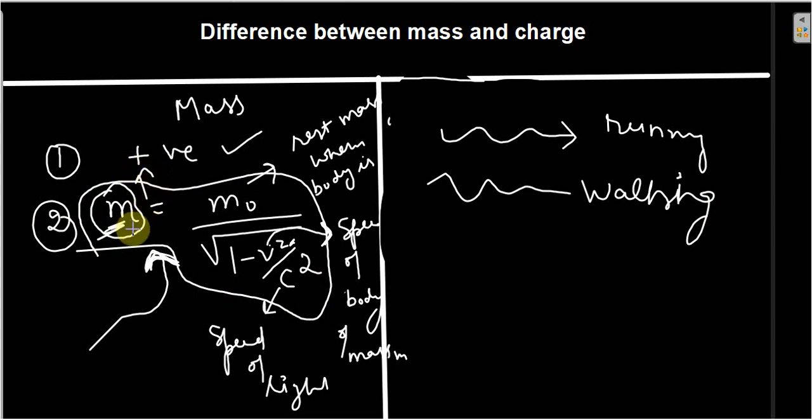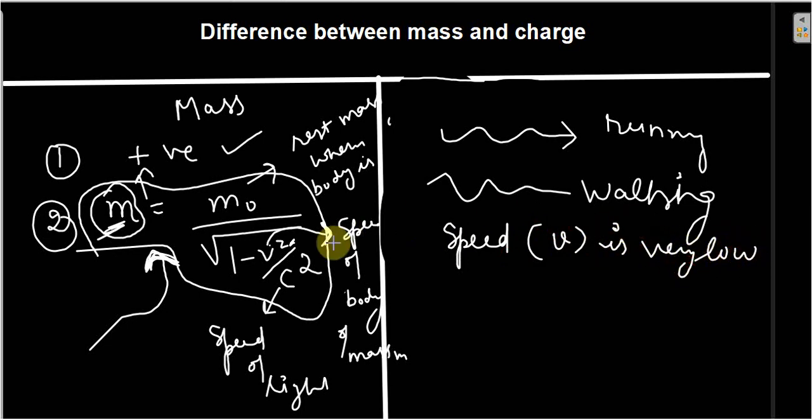We cannot observe this because our speed is very low. This v should be comparable to the speed of light, which is very high, while our walking and running speeds are very low. So our mass increases, but it is not noticeable.